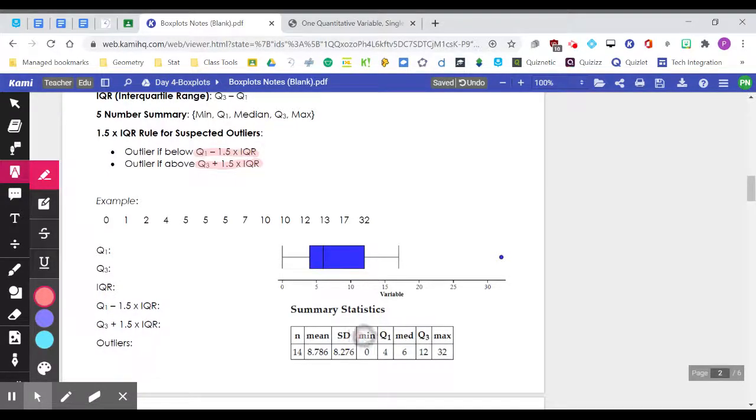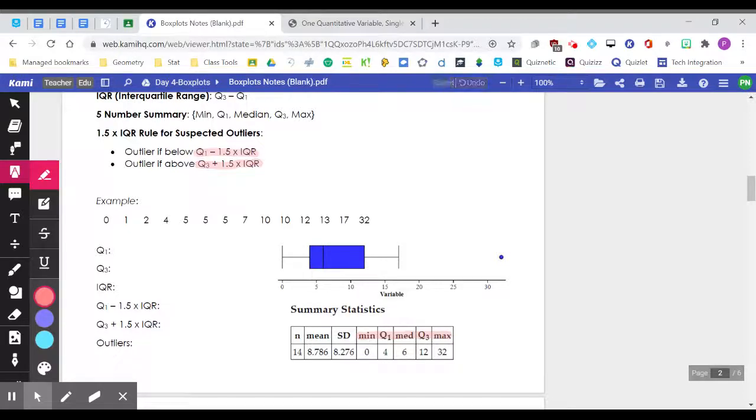My 5 number summary is right here. So the minimum, Q1, median, Q3, and the maximum are all there. These extra ones stand for how many numbers there were in total within the set of data, what the average is, and the standard deviation. We'll talk about standard deviation in a different chapter, but just so that you're aware.